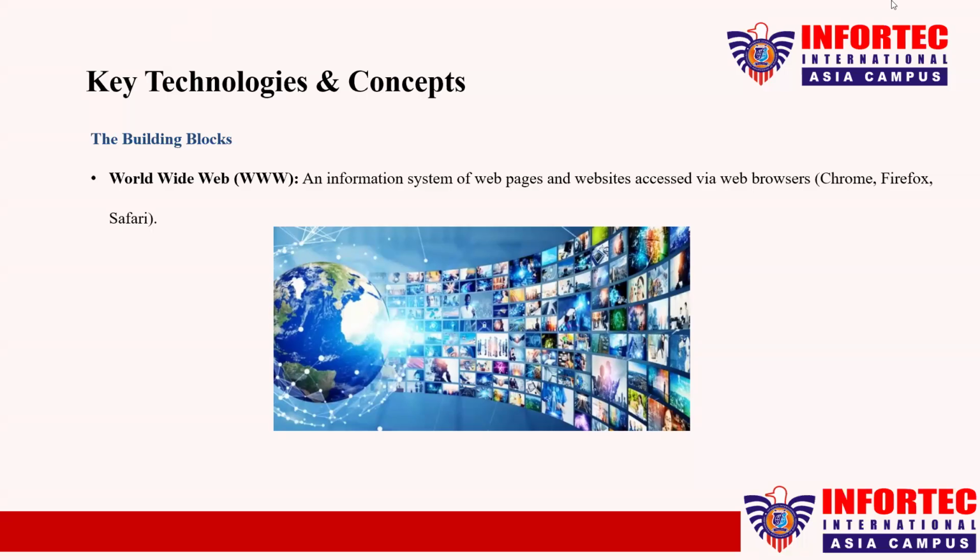Now you should understand what web browsers are. Web browsers are Chrome, Firefox, Safari, those kinds of things. We use web browsers to access the internet. If you don't have a web browser, then you can't access the internet.